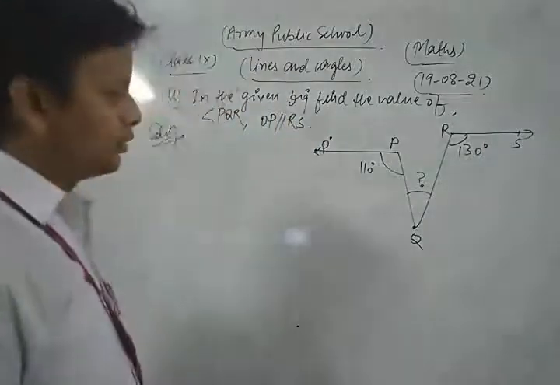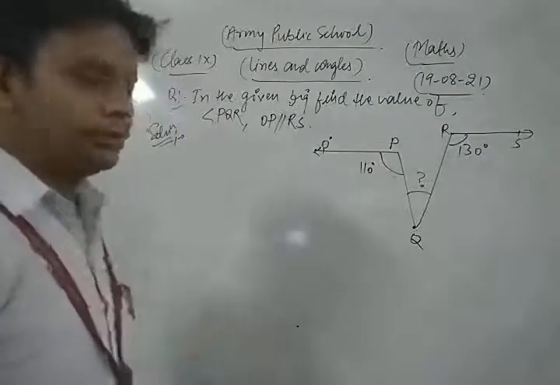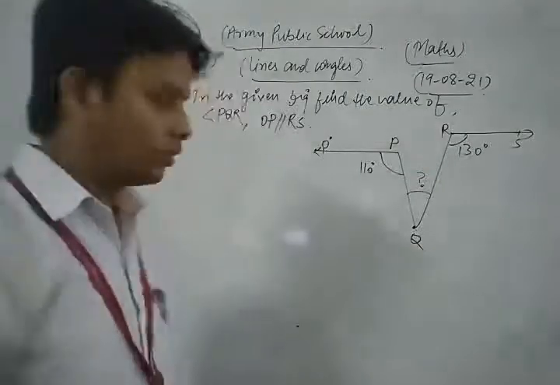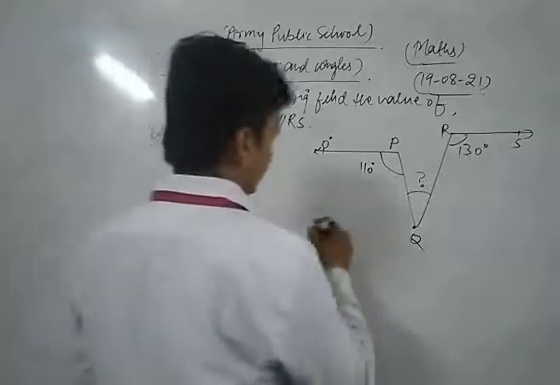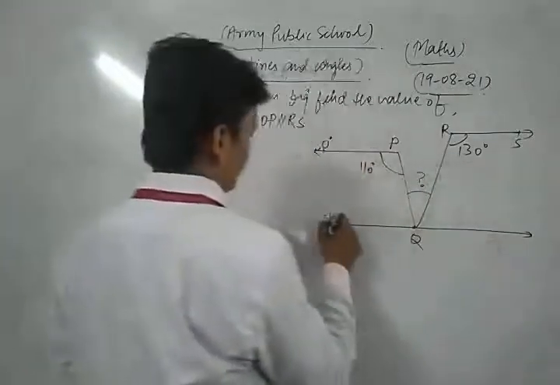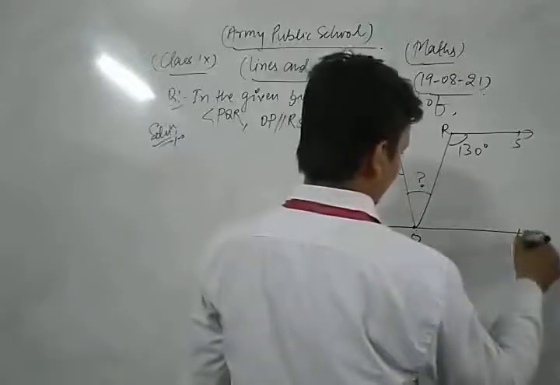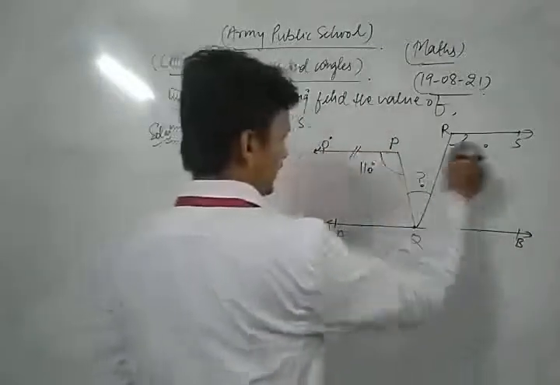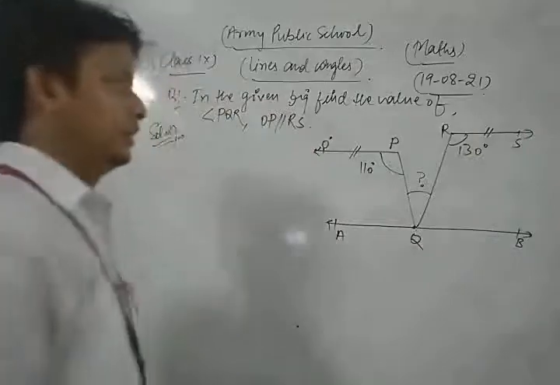So first of all, we draw a line AB which is parallel to OP as well as parallel to RS.